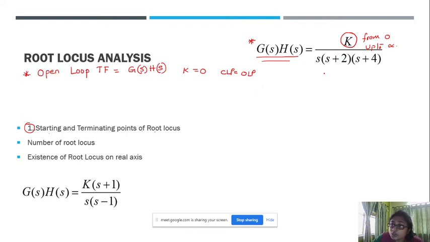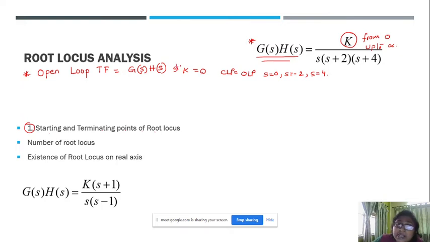This is an open loop transfer function. So, what are the open loop poles? The open loop poles are s equal to 0, s equal to -2 and s equal to -4 for this particular transfer function. So, when k is equal to 0, we are starting the root locus. This is the starting point of root locus.